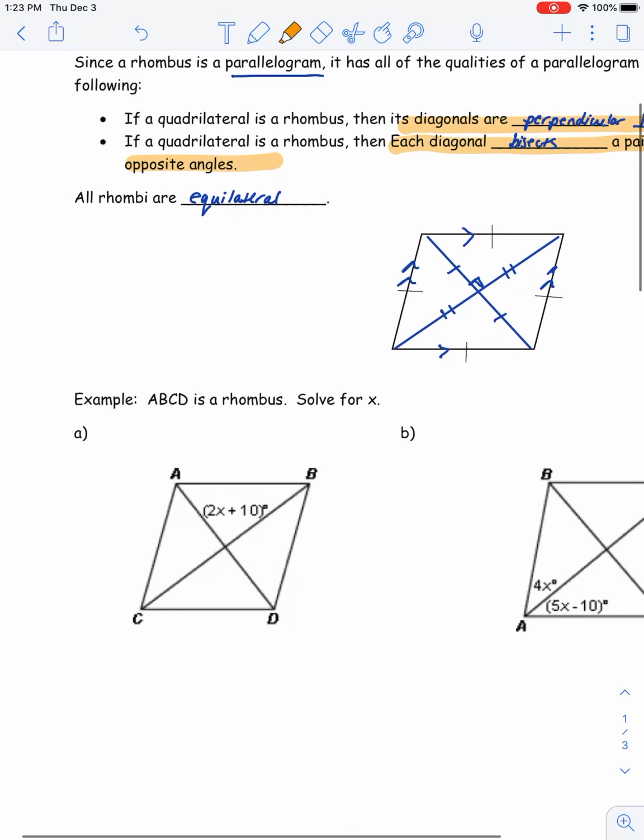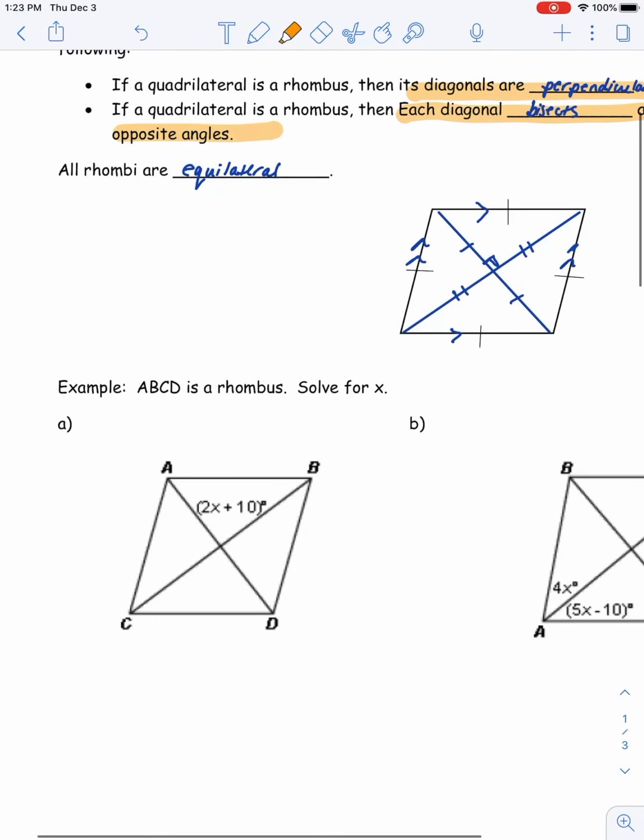ABDC is a rhombus, and we need to solve for x. If you look at this picture, this is pointing to that interior angle. And we just learned that a rhombus's diagonals are perpendicular.